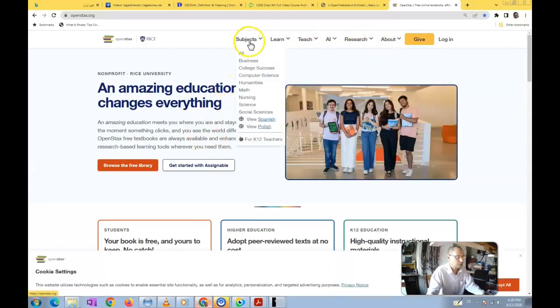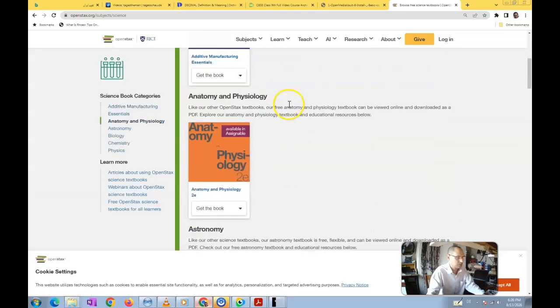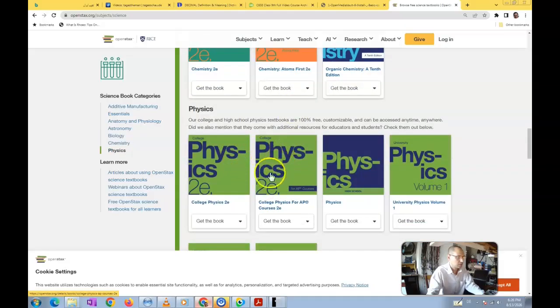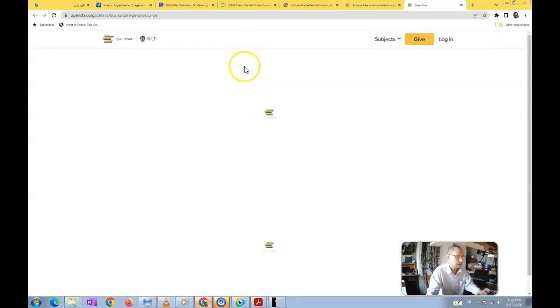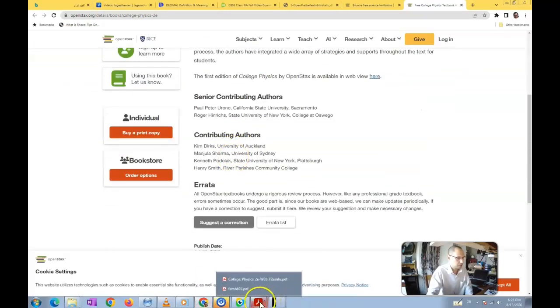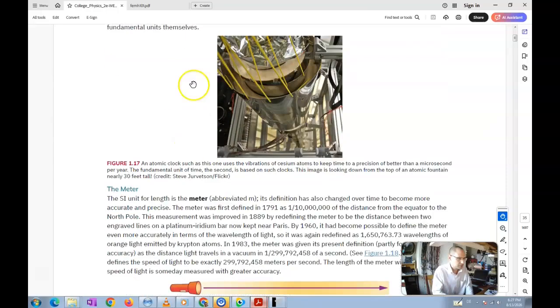Over here you could go to, for example, science, and then find physics, and then there is College Physics, 2nd edition. You could get this book, which is exactly the same book that I'm using here. And in the first chapter of this book, all of these units have been explained very clearly. Okay. So that's basically all about that.